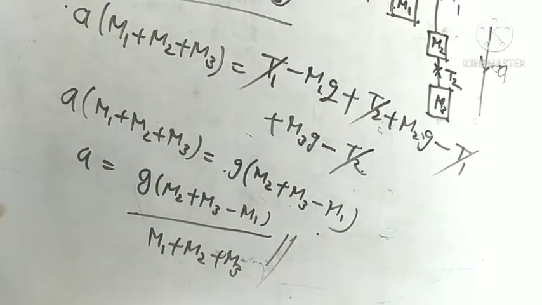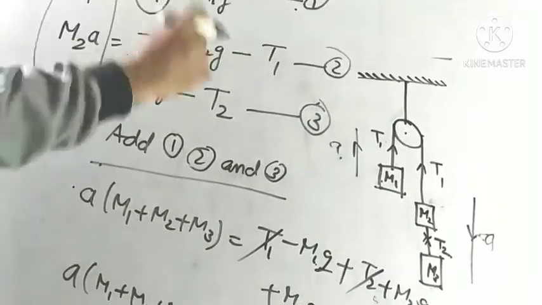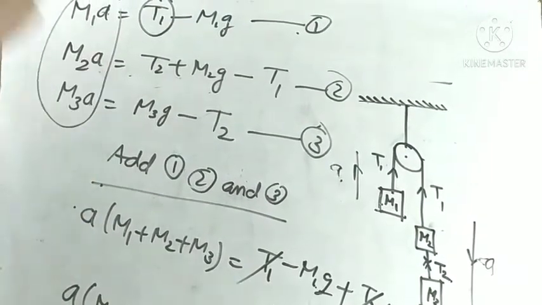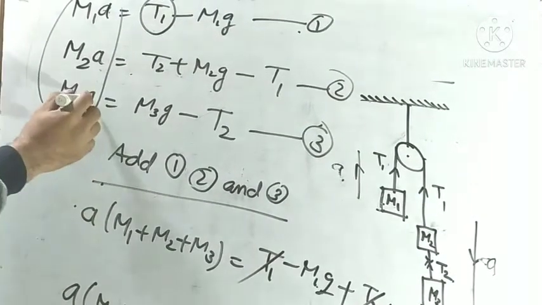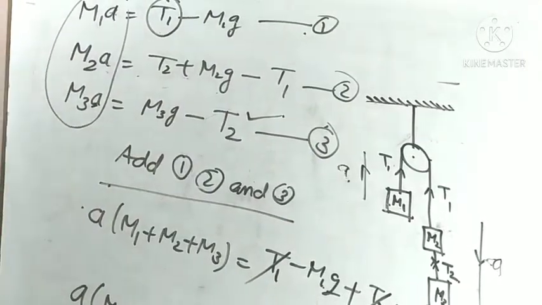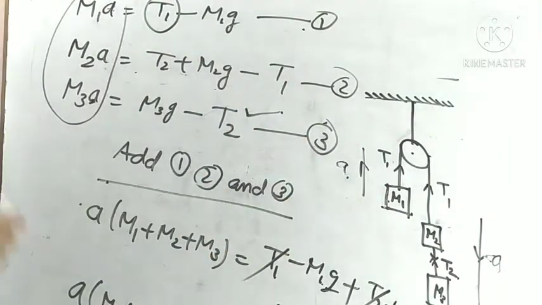Now we put this acceleration in equation number 1, then we will get tension T1 in the string, and after that we will put the acceleration in equation number 3, then we will get T2. Firstly we put acceleration A in equation number 1.